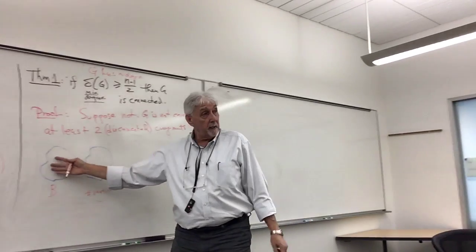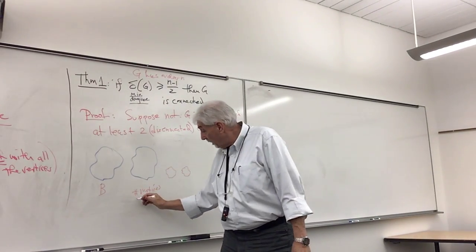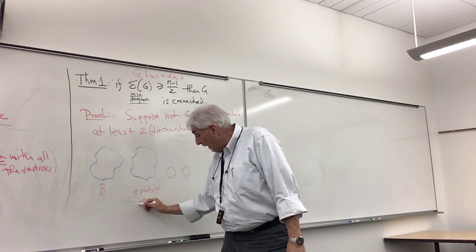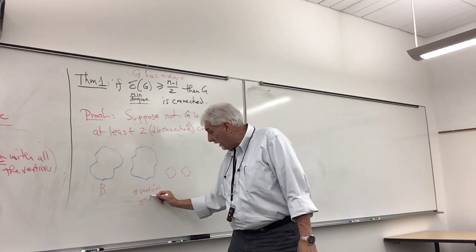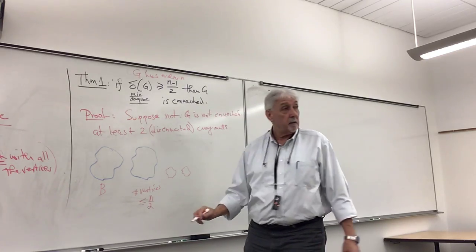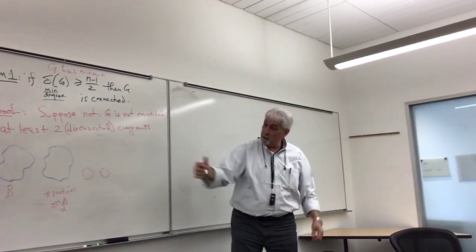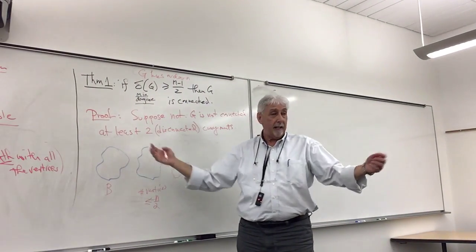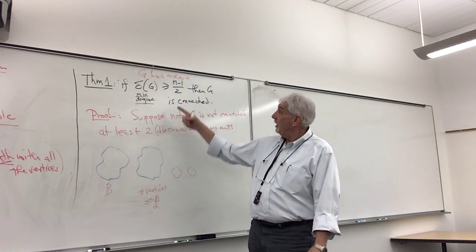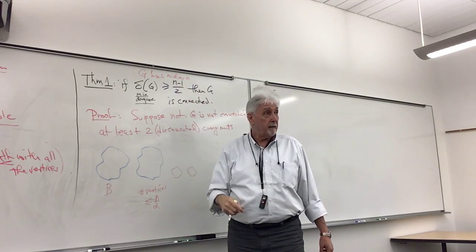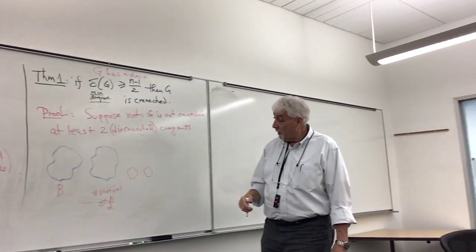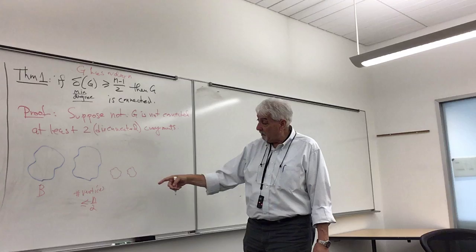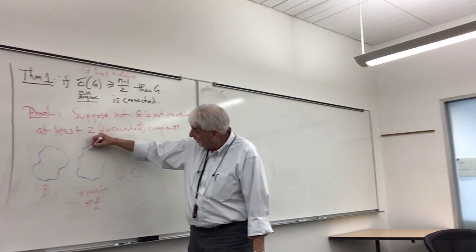Well, there could be n/2 here and n/2 here. But I know that it's the second largest, so it's less than or equal to n/2. It can't be more than n/2, because if this was more than n/2 and this was more than n/2, I'd have more than n vertices, and I'm starting with a graph of order n. So I have less than or equal to n/2 vertices.